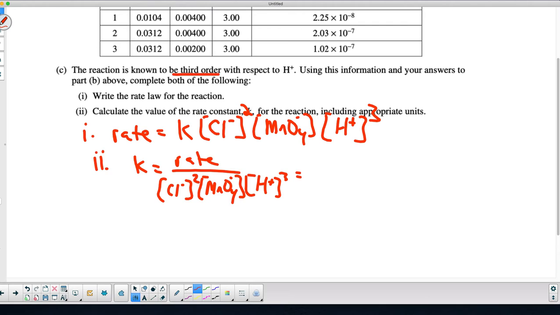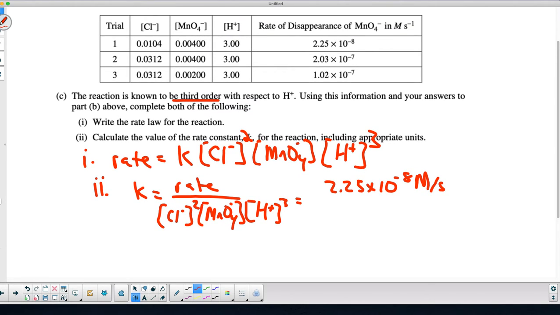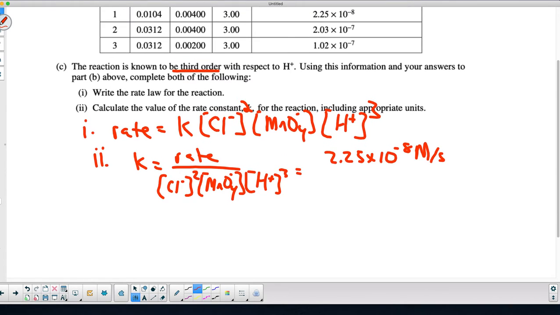So that means 2.25 times 10 to the negative 8th. That's going to be molarity per second, I think. Let me go back up and check. Sometimes it's molarity per minute. Molarity per second. It says rate of disappearance of MnO4 with molarity per second.